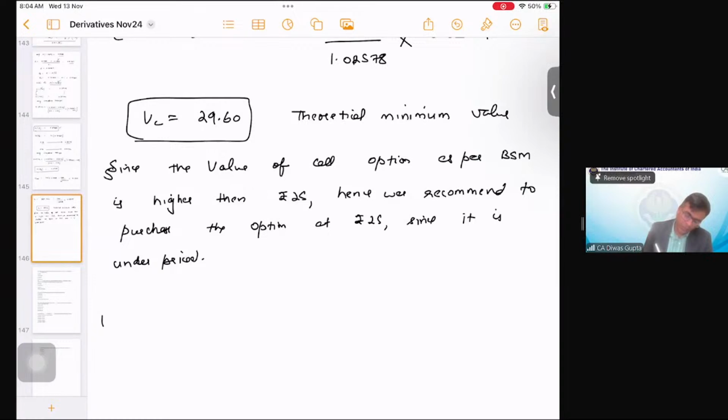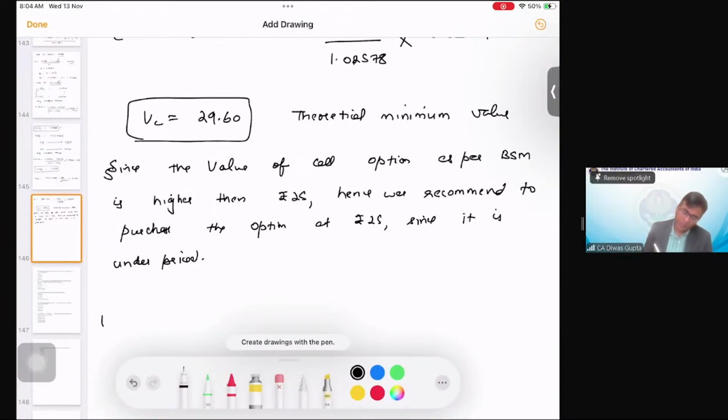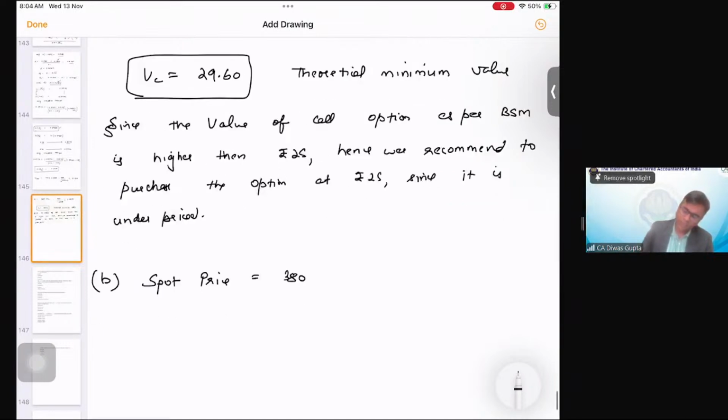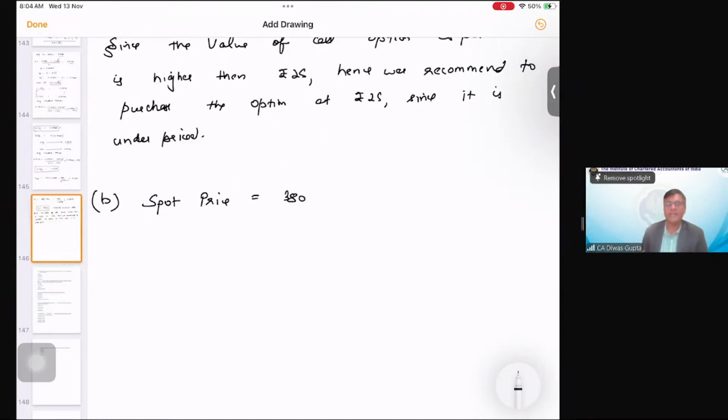Then let's come to the B part of the question. In the B part, they are saying that everything remains the same except for the spot price being changed from 415 to 380. Yes?